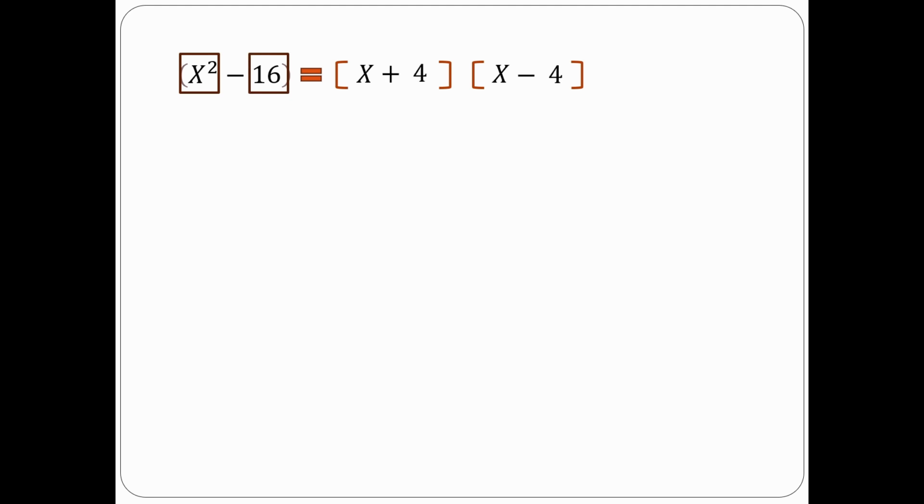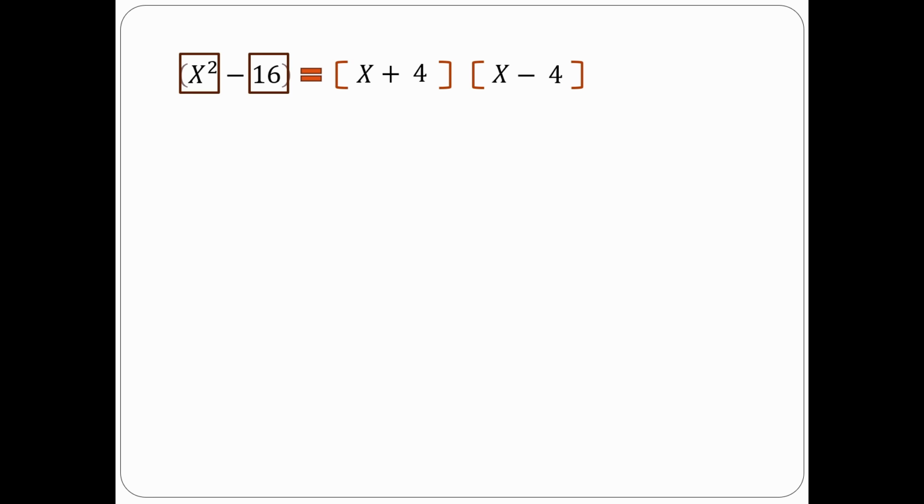Let's try another example. Let's say we have x squared minus 16. To factor, let's put first the parentheses. The quick way to do this is to find the square root of x squared, and that is x. And the square root of 16 is positive 4 and negative 4.